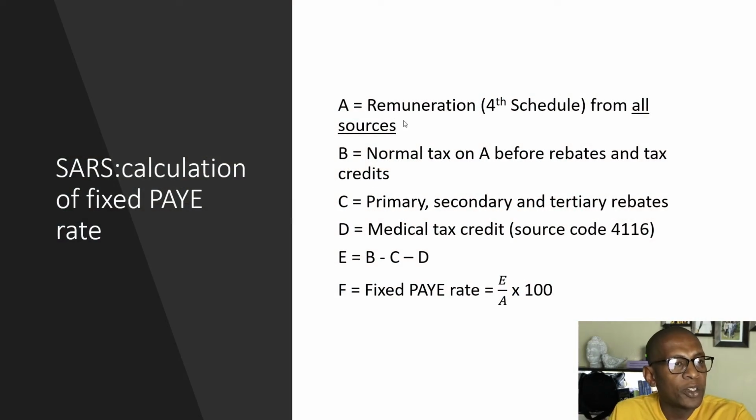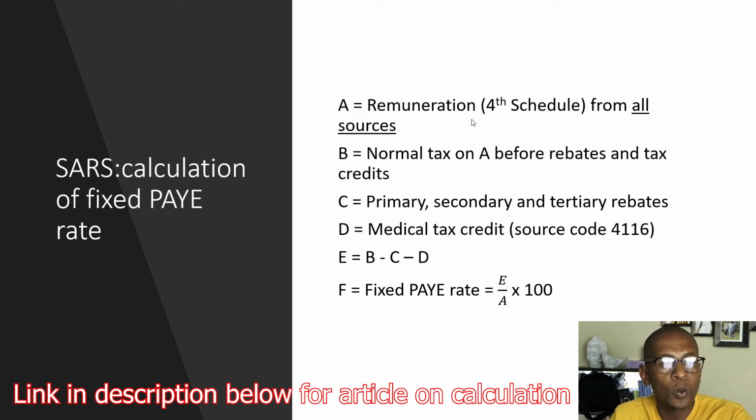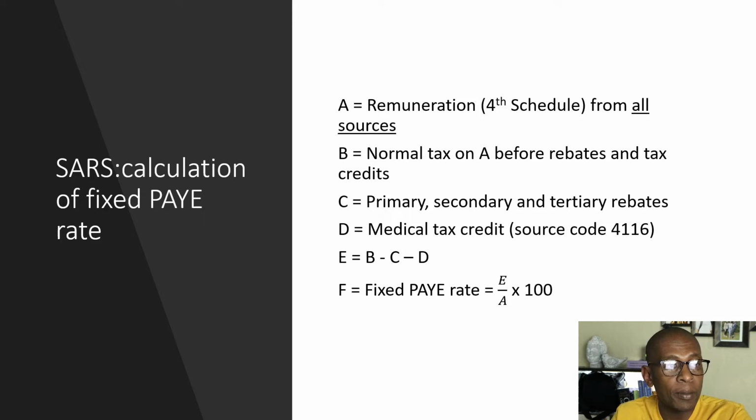And before we go into the calculations, I'll just go quickly through some of the abbreviations. In terms of some definitions, A stands for remuneration in terms of the Fourth Schedule, which includes all sources of income, in our scenario the annuity and the rental income. B stands for the normal tax on A before rebates and tax credits, that calculation of just over 44,000 tax liability that we've done.